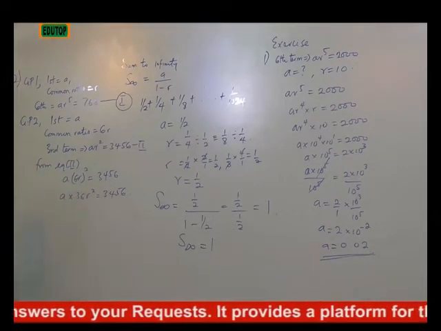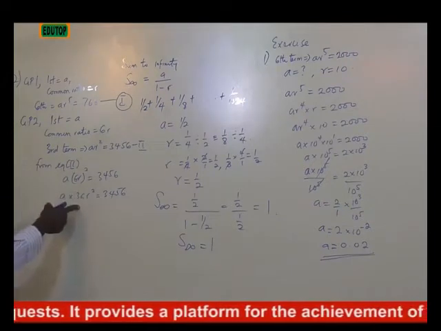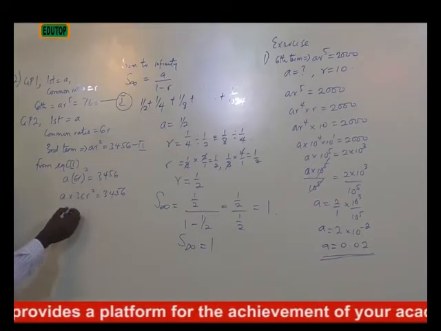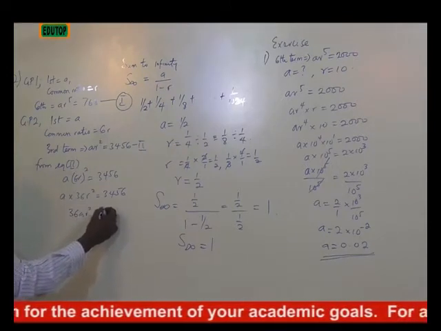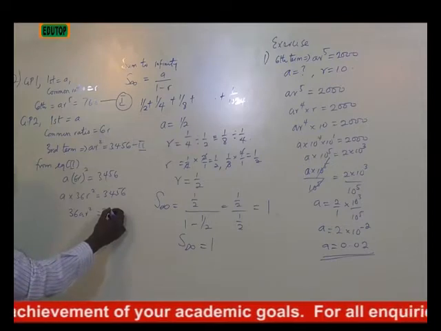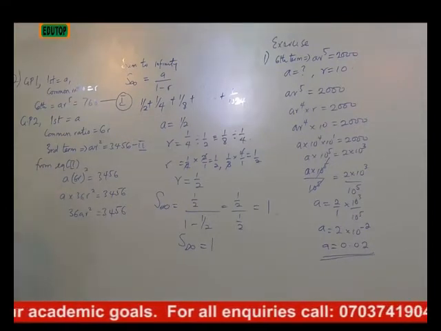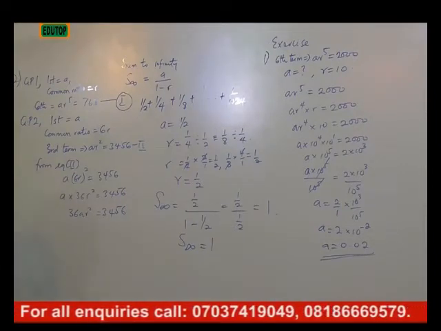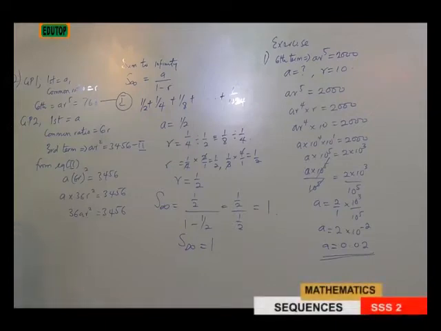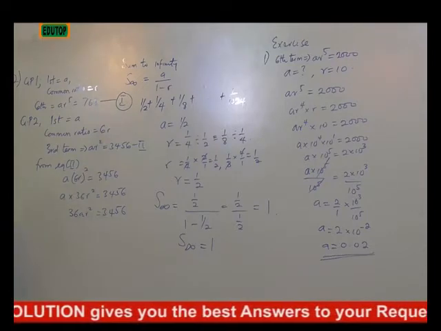Now from here we can deduce that 36AR squared is equal to 3,456.